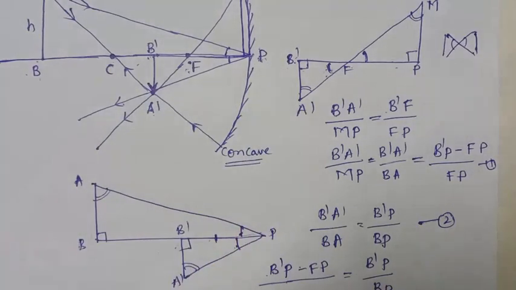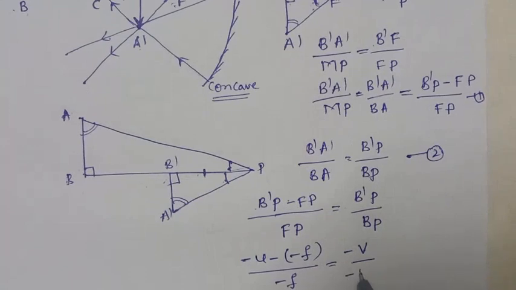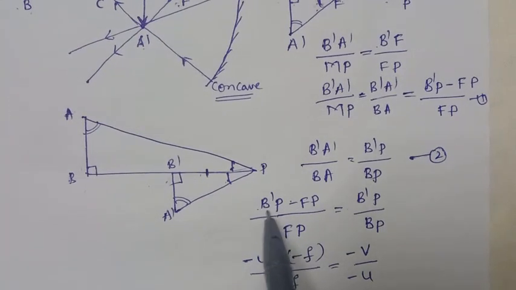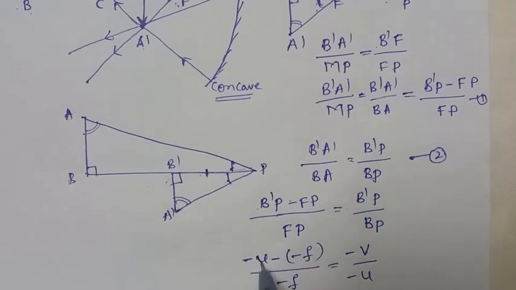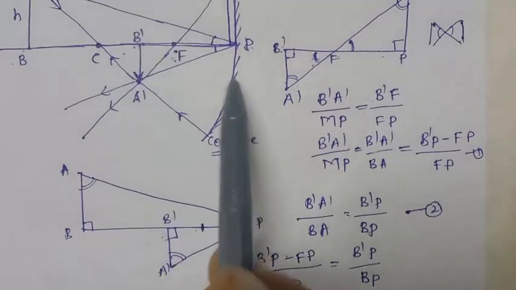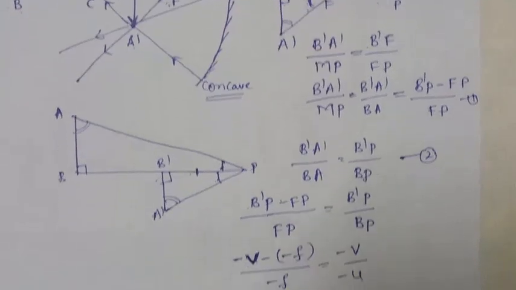And again bp means the object distance, that is minus u. So minus v minus fp, the focal length, that's why minus f.